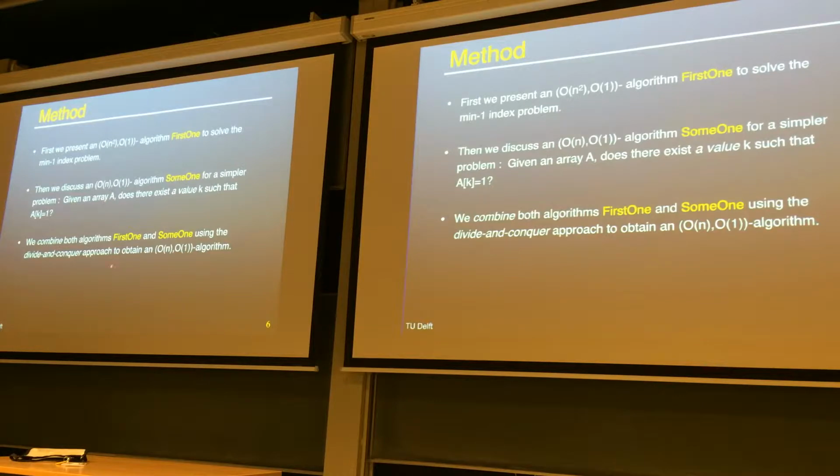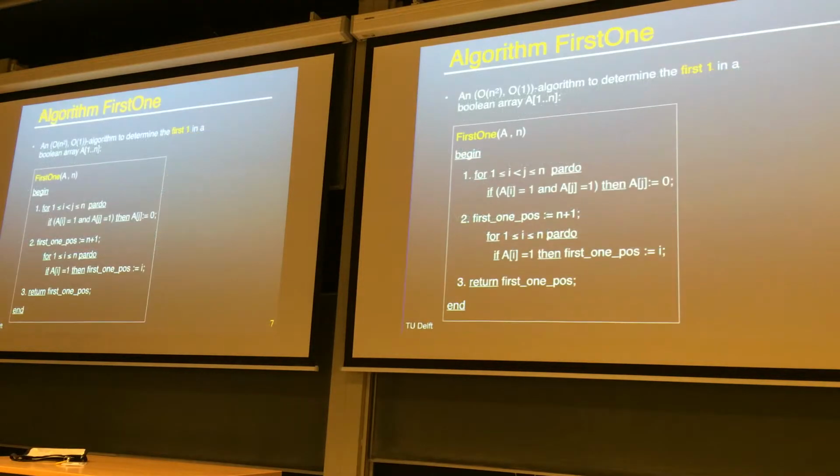We then combine the results of someone and process first one on the remaining data structure, collecting all the outcomes of someone. And with the help of a divide and conquer approach, we obtain an O(n), O(1) algorithm. That sounds a little bit mysterious, but let's first concentrate on this algorithm.